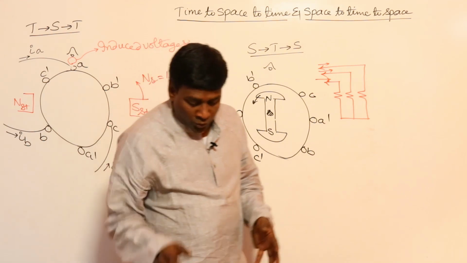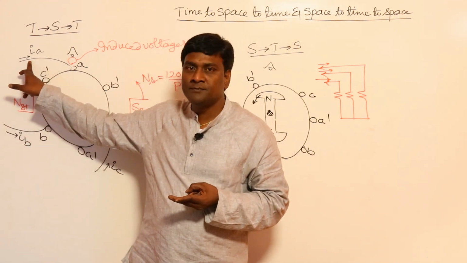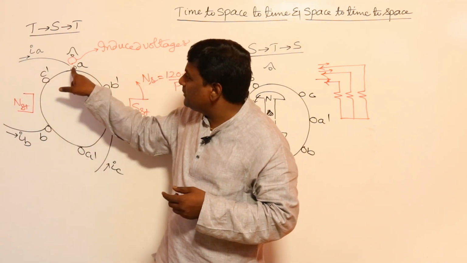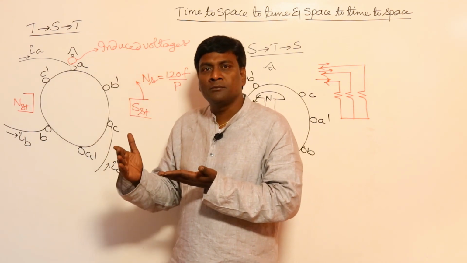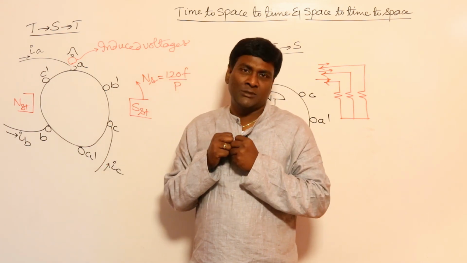Now let me conclude. Time to space to time: if it is theta degrees in time, in space it will be theta degrees, so in time, theta degrees induced voltage. So time to space to time means we can go with space or time, or the space and time phasor diagrams can be combined.